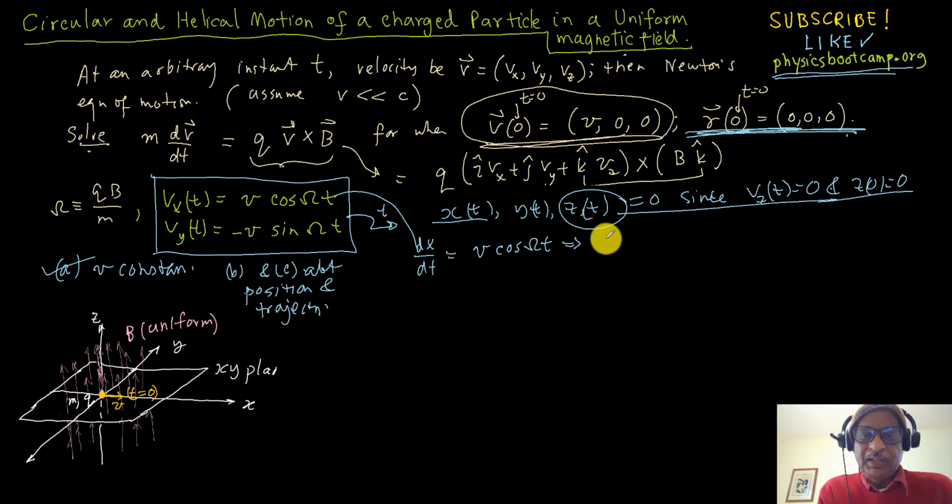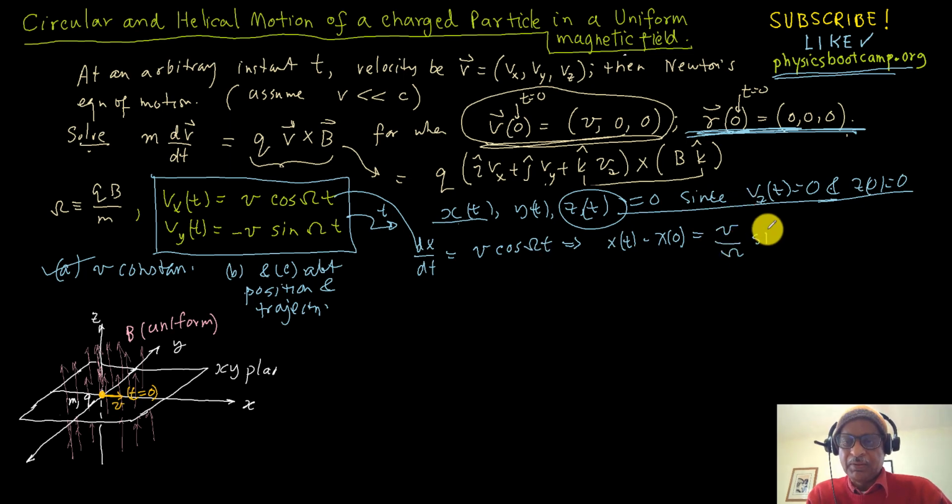So we can integrate it, and so x of t minus x at 0 is going to be v over omega sine omega t, from 0 to t, and so this is just v over omega sine omega t.